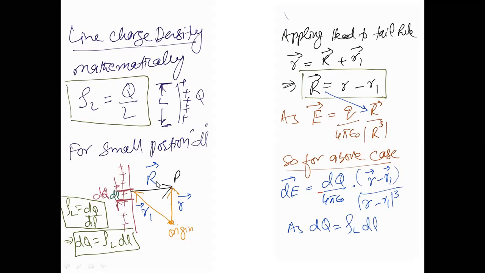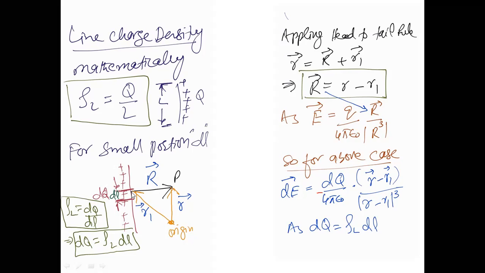Capital R is the position vector, or the distance between the source charge and the test charge. r1 is directed from the origin to the source charge, and r is directed from the origin to the test charge, or point of observation.